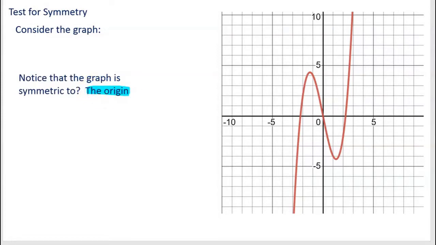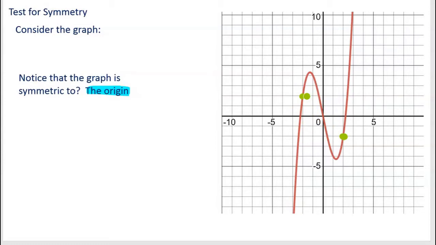Now, what defines origin symmetry? Well, let's look at a particular point on the graph. For instance, if I plug in 2, it looks like I get -2. And if I plug in -2, it looks like I get +2 as an answer. So it reverses.